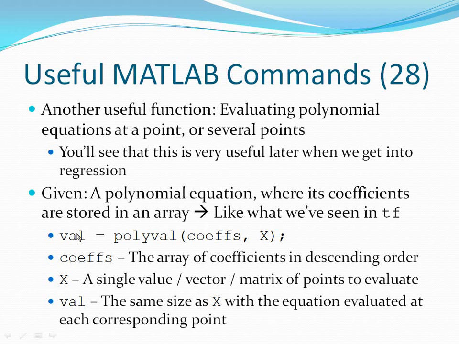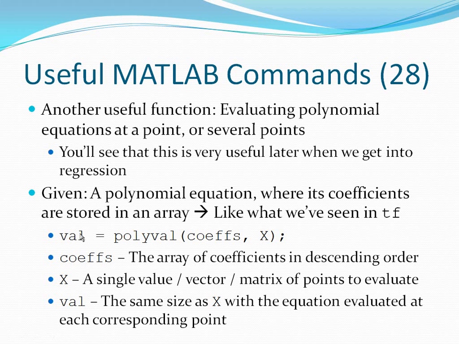This x could be a single value, an array, or a matrix. For each number in your vector or matrix, it'll evaluate the polynomial equation at that number in the corresponding location, and the output gives you the evaluated points for each of those locations.